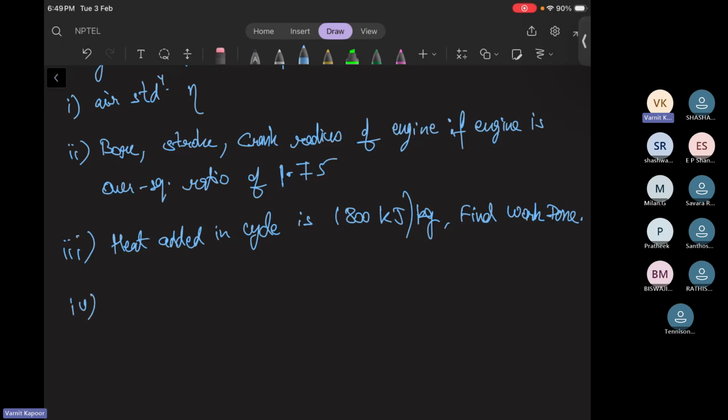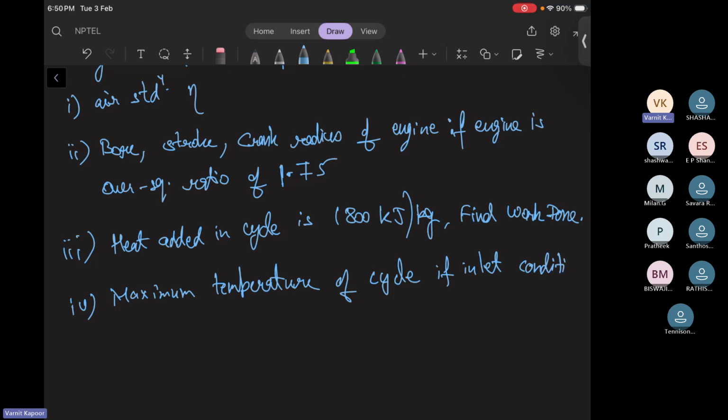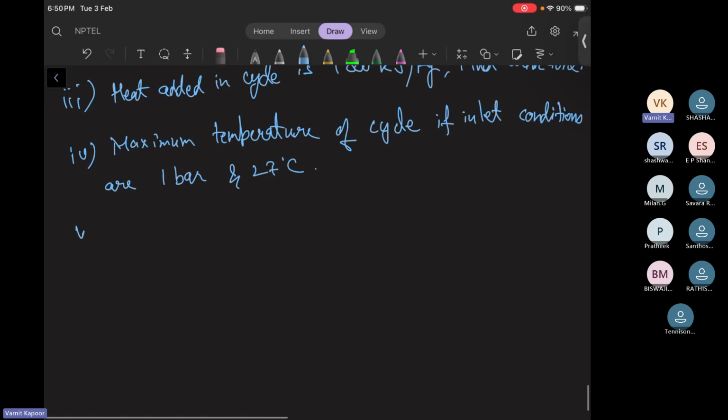Fourth, maximum temperature of the cycle, if inlet conditions are 1 bar of pressure and 27 degrees Celsius of temperature. Fifth, temperature at the starting of heat rejection.